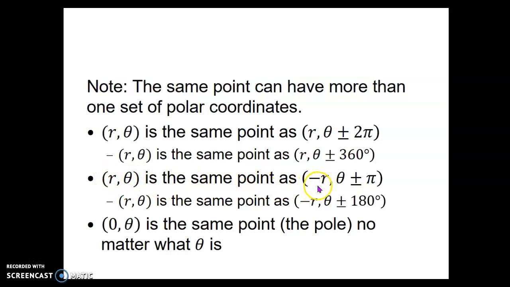So making r negative while you're adding or subtracting pi, or 180 degrees, you end up with the same point. And as we've seen, if your r is 0, it doesn't matter what theta is, you're right there at the pole. So the pole has multiple possible polar coordinates that all start with 0 but have all different thetas.